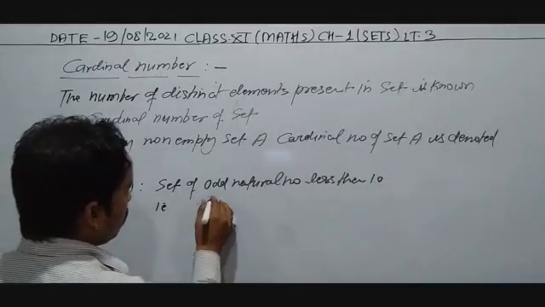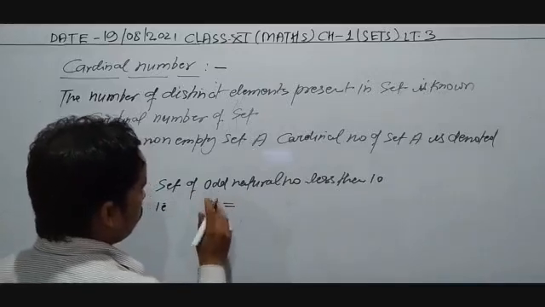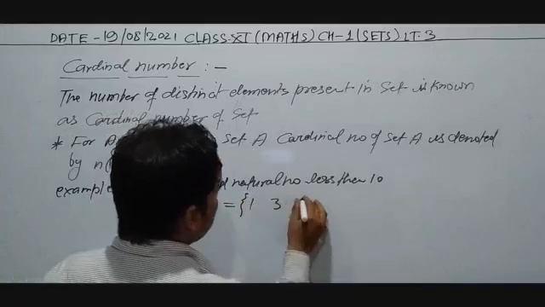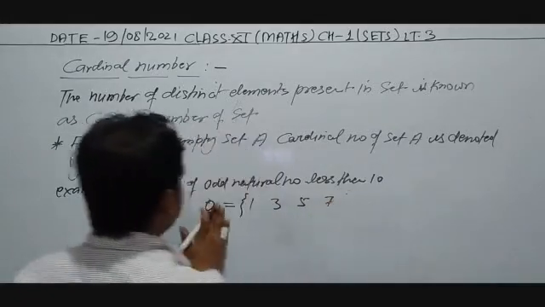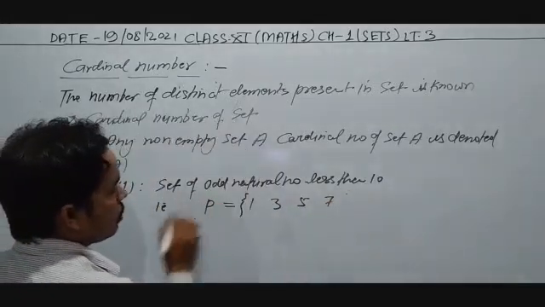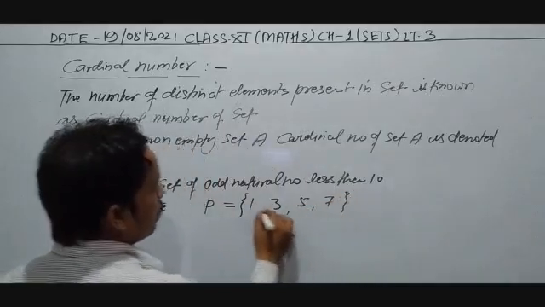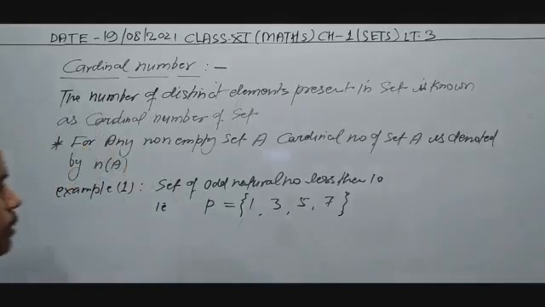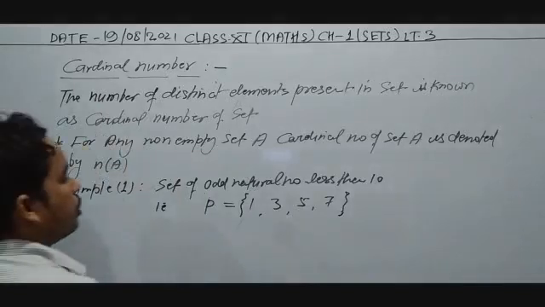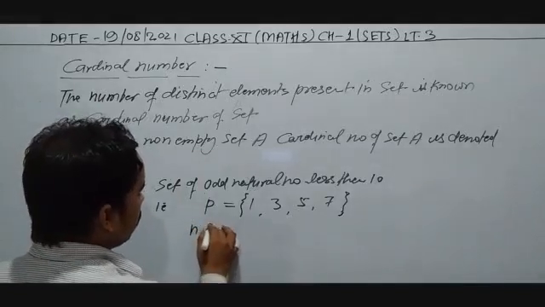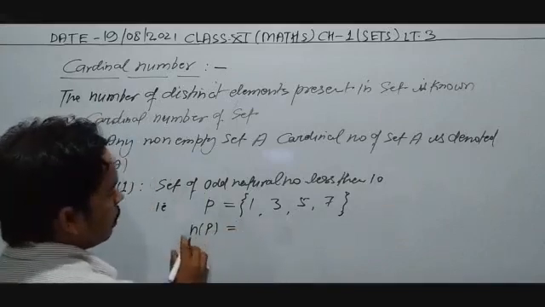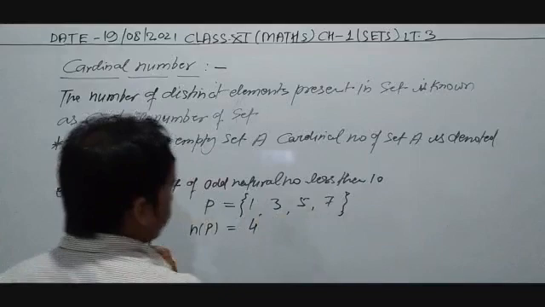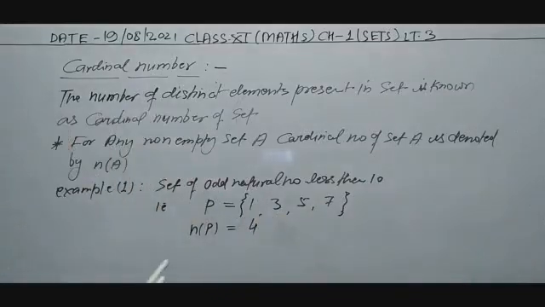Suppose this is P, odd natural numbers less than 10, that is 1, 3, 5, 7. So its cardinal number is denoted by n(P), and n(P) will be equal to 1, 2, 3, 4. So the result will be 4. This is the cardinal number.